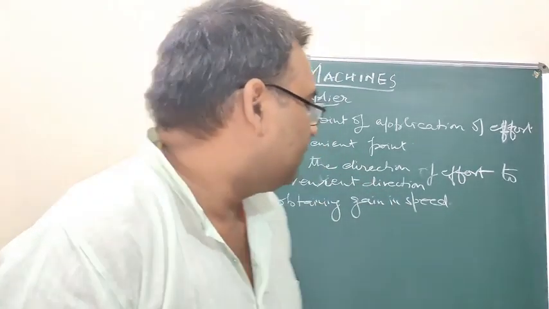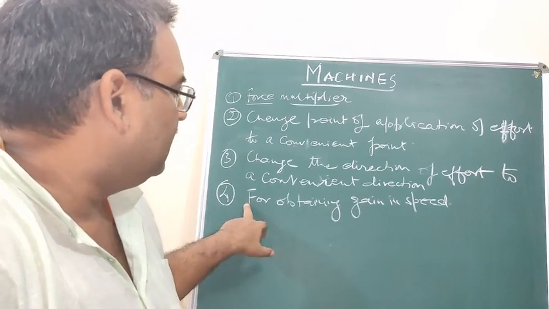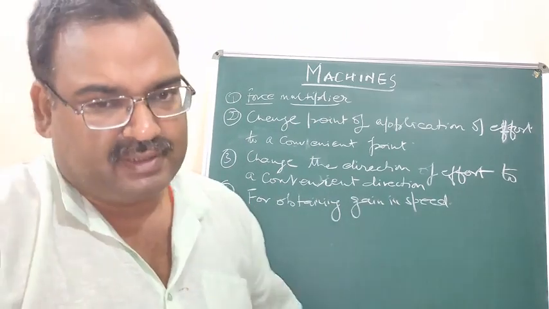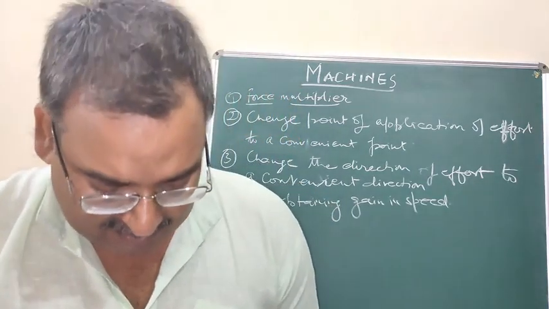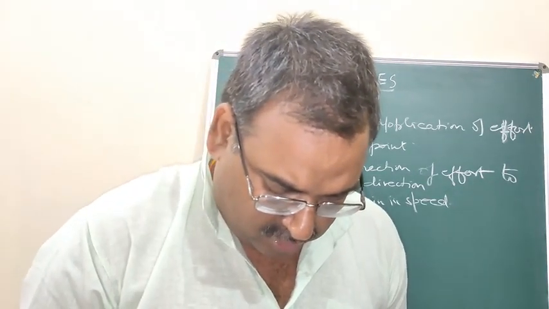The fourth point is obtaining gain in speed. Obtaining gain in speed means that the load should move by a greater movement through a smaller movement of effort. Like when we are cutting cloth, we are using a scissor.